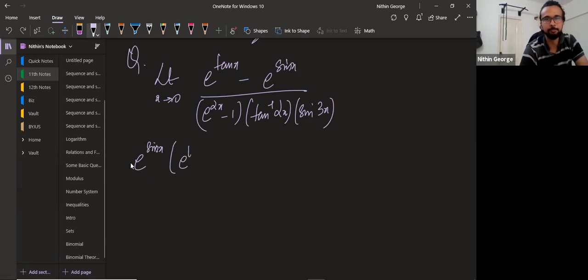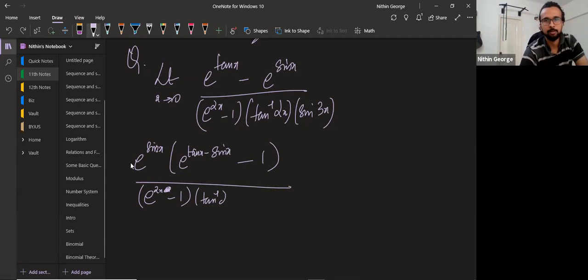So then I'm left with e power tan x minus sin x, divided by e power 2x minus 1, into tan inverse 2x, into sin of 3x, when x tends to 0. Okay, what do you do here?